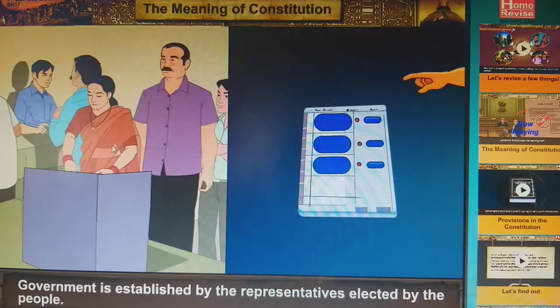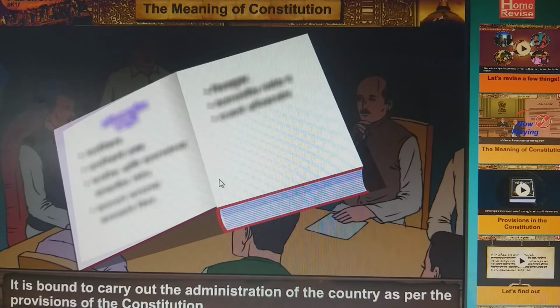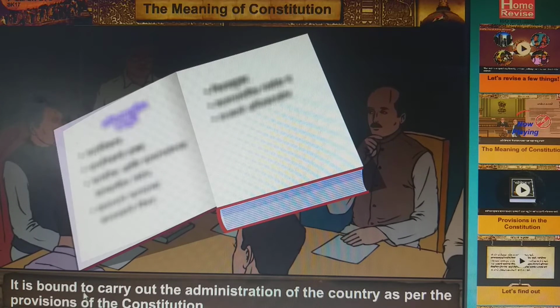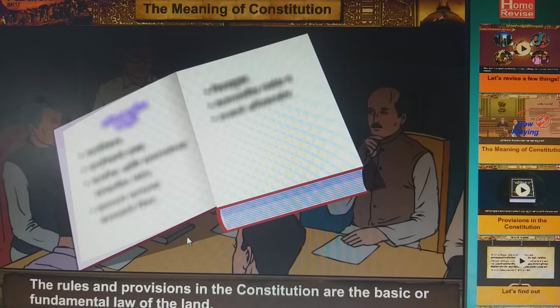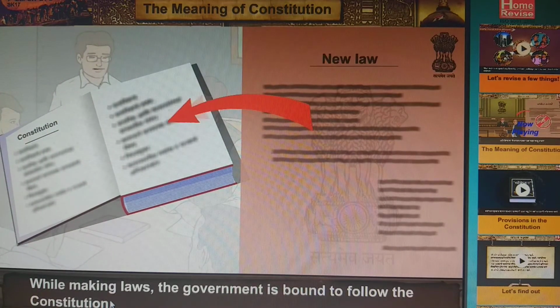Government, how is the government established? With the help of the people, due to the vote. Yes or no? Yes. So the government is bound to look after the country with the help of all these laws. Now see, the rules and provisions of the constitution are based on a fundamental law.